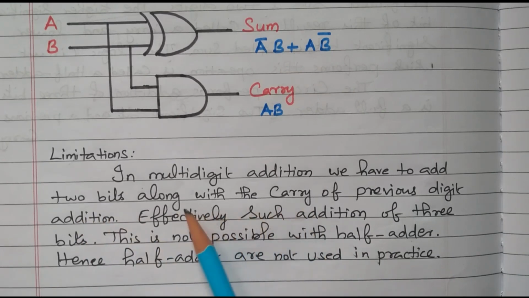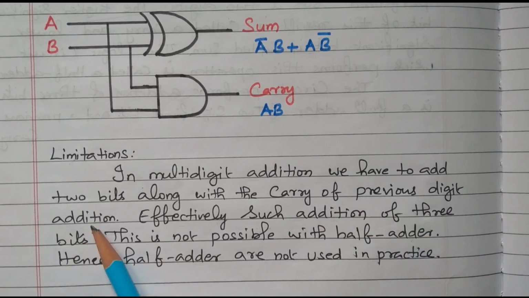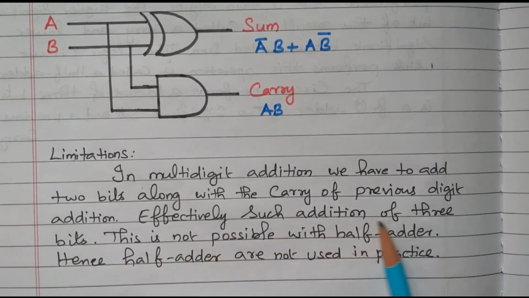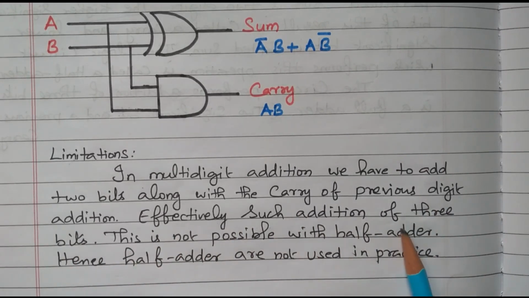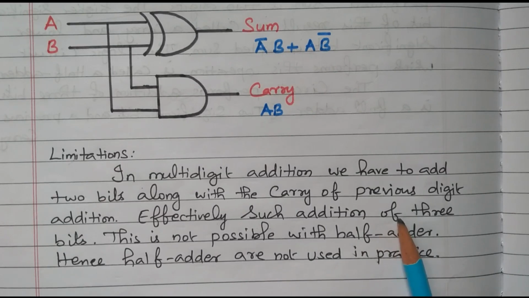While adding, the carry is generated, so we need to consider 2-bit addition along with the carry of the previous digit. Effectively we need such addition of these 3 bits. This is not possible with the half adder, because half adder will add only 2 bits, but what we need in practice is 3 bits, 2 inputs and carry. So that is the limitation of this half adder.